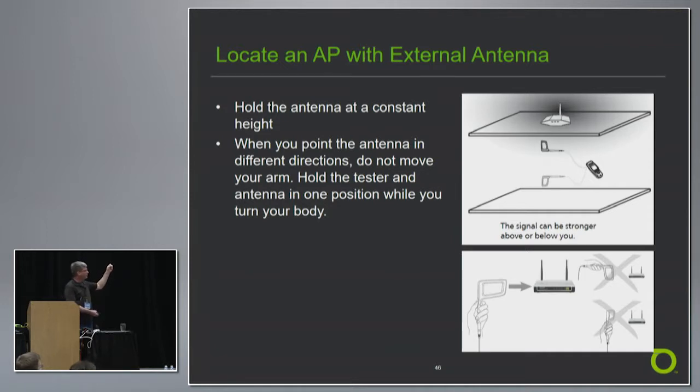Really what you want to do is just turn your whole body as one as you're trying to pick up the signal. Also, don't forget to look up and down. It's kind of funny, because the feature was designed for locating rogue APs, but based on what we hear, it's used a lot more often just to locate an AP that's hidden in the ceiling.